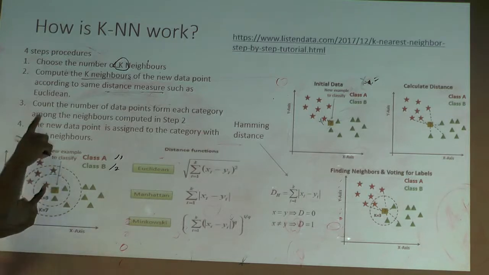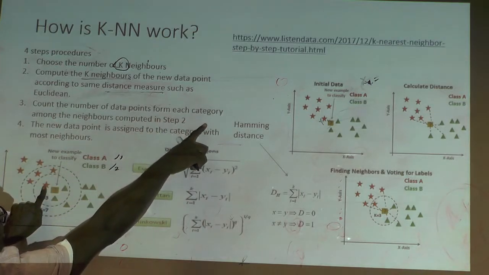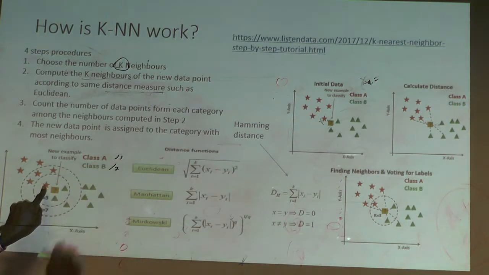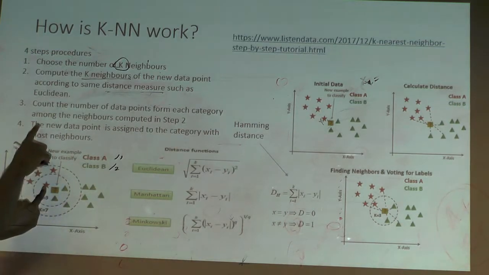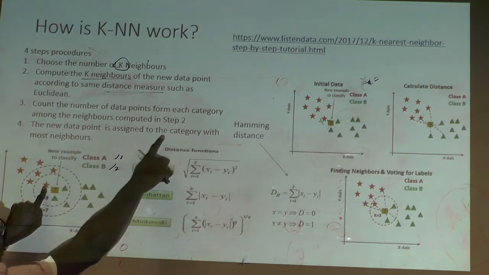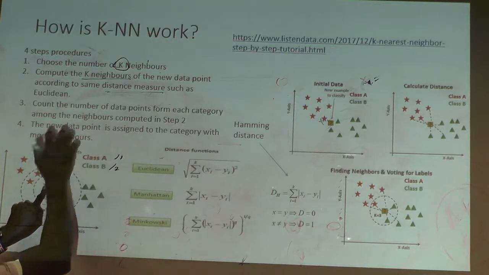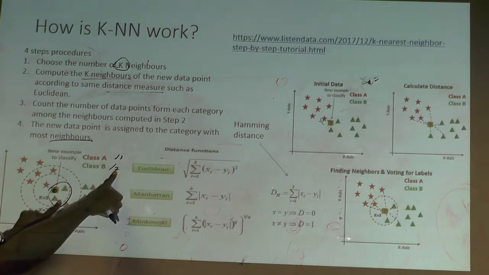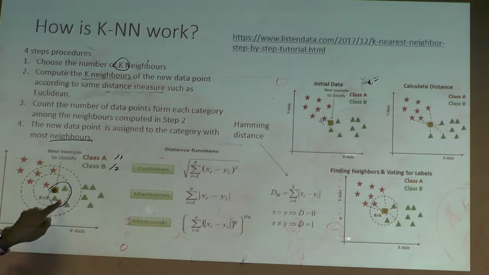Now, count the number of data points from each category among the neighbors computed in step 2. The next step is that the new data point is assigned to the category with the most neighbors. That means, where do you think this person will belong to? This family, because it has the highest number of neighbors. Do you get it now?